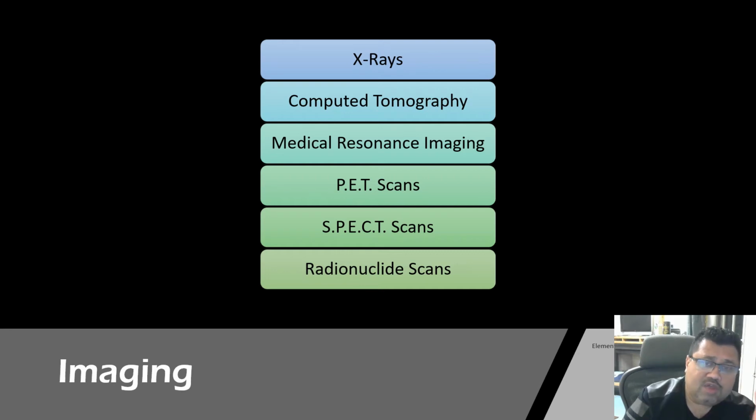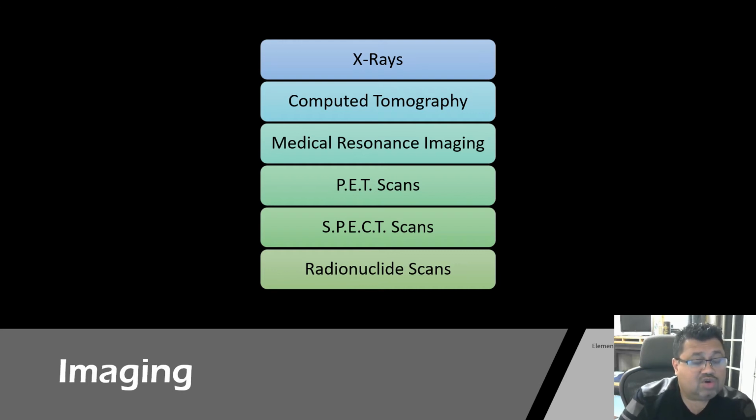Computed tomography, magnetic resonance imaging, these are different technologies to image the body, and these discoveries have usually been made by physicists. PET scans, PET stands for positron emission tomography. SPECT scans stand for single photon emission computed tomography.